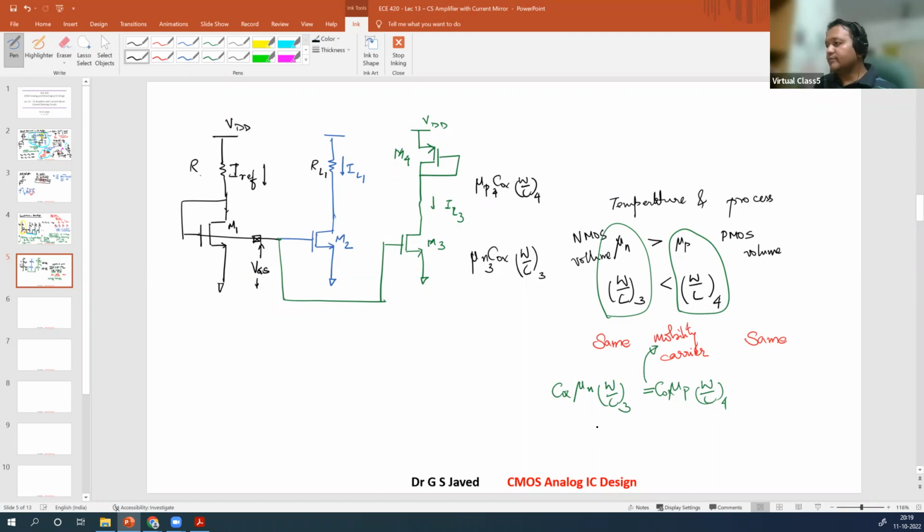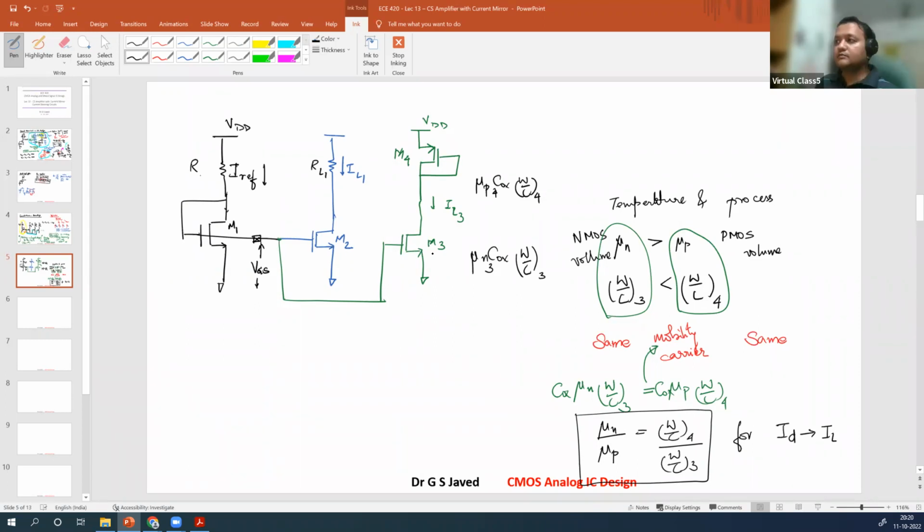And that ratio is mu n over mu p equal to W by L of 4 over W by L of 3. So this is the ratio that you have to maintain between NMOS and PMOS for the same drain current, which will give you the same current flowing through the device. I repeat, you need to appropriately size the NMOS and the PMOS device to ensure you get the value.